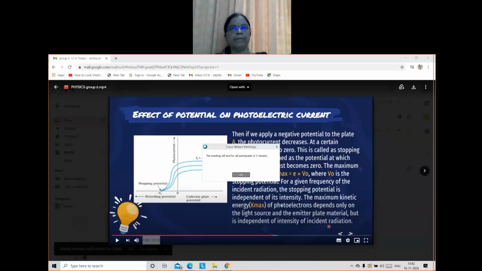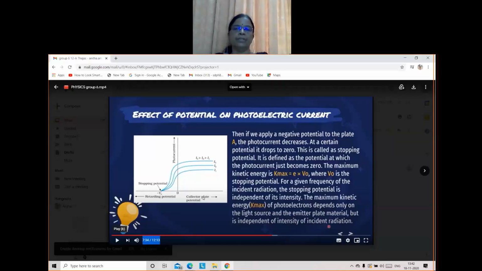Frequency. Very good. Correct answer. So the kinetic energy of the electron depends on the frequency of the incident radiation. Stopping potential also depends on the frequency. It does not depend upon intensity. Okay. Only 5 minutes.